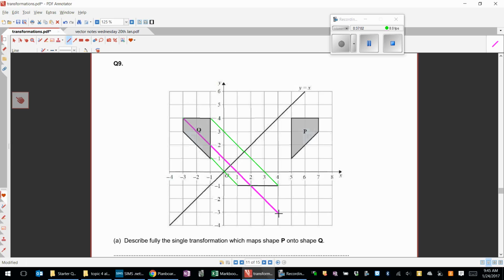So we always go at 90 degrees to the mirror line. So that's this line that joins these two. So it's going to be like that. And then this point, we can now have an educated guess that it's going to look like that. So this might be a tricky one for you to get your head around. Okay?